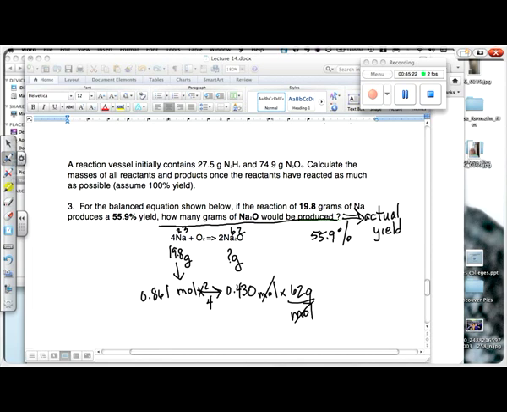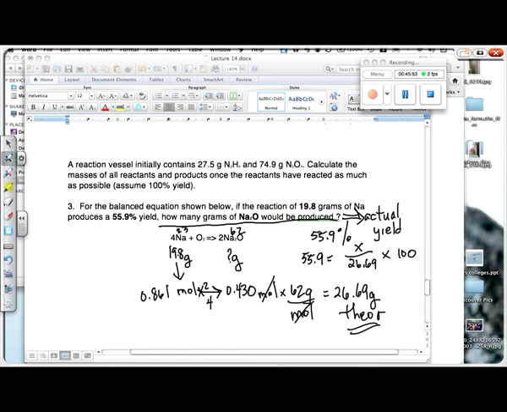All right, and I get 26.69 grams of the sodium oxide. This is my theoretical. Okay, so 55.9 equals x over 26.69 times 100, bringing the 100 over, dividing both sides.